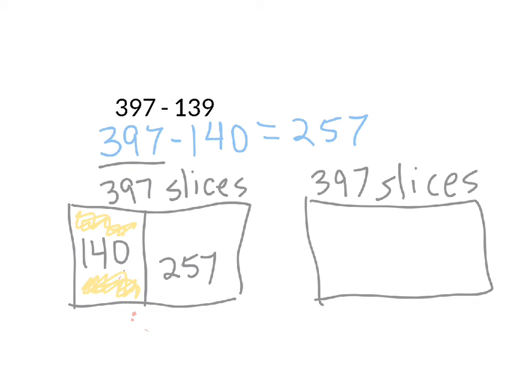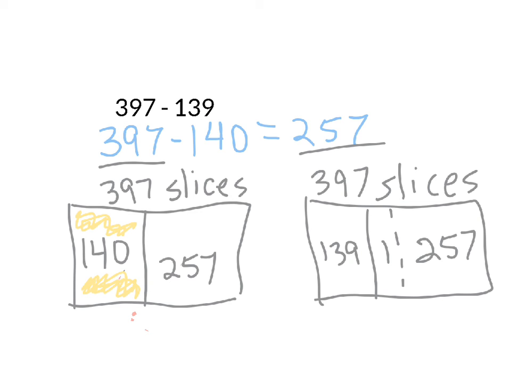But here's the thing. In my original problem, did I have 140 people eating cake? Did I give away 140 slices? Nope. What does the original problem say? The original problem says that 139 slices were eaten. And 257 were remaining in this problem. So there's my 257. So I've got that one right here.